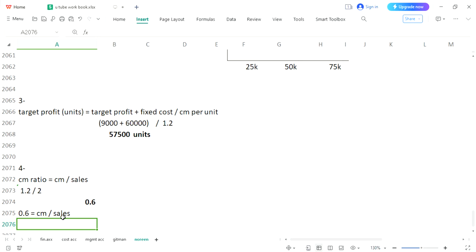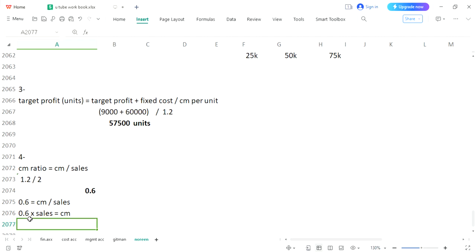If it is divided over here, it would be multiplied when you take it to the opposite side. On the opposite side we already have 0.6, and now sales, which was divided on the right side, when we take it to the left side, would be multiplied. What is left on the right side is CM. So this is our new formula. You can write it in this way as well: CM is equal to 0.6 into sales.